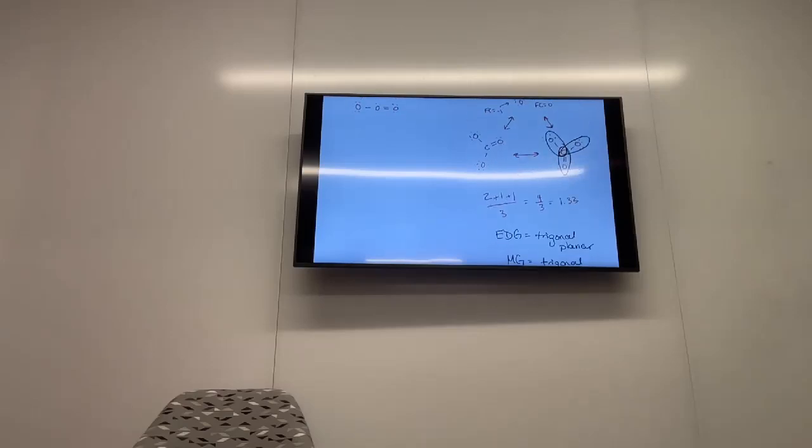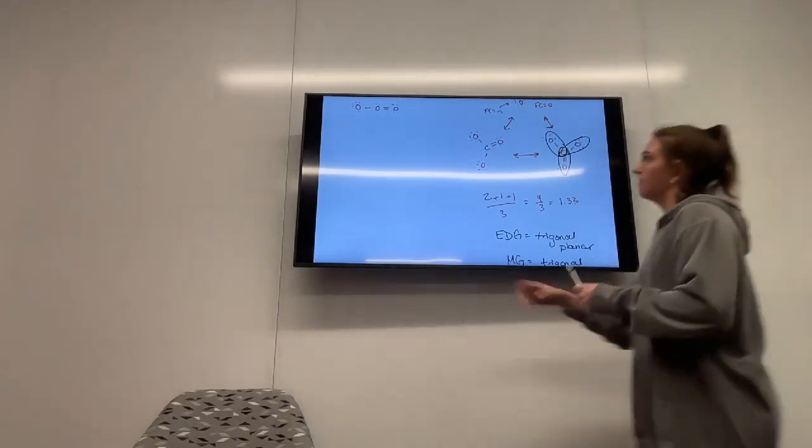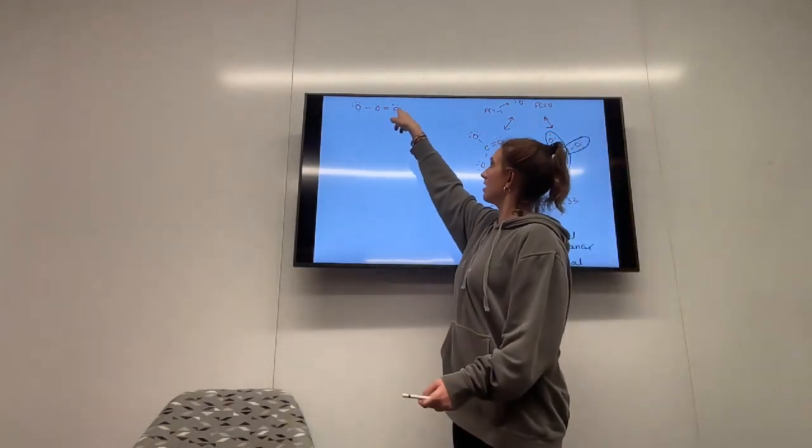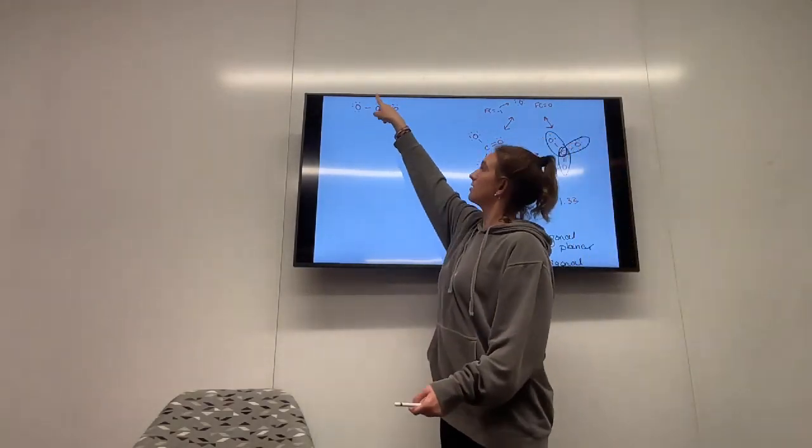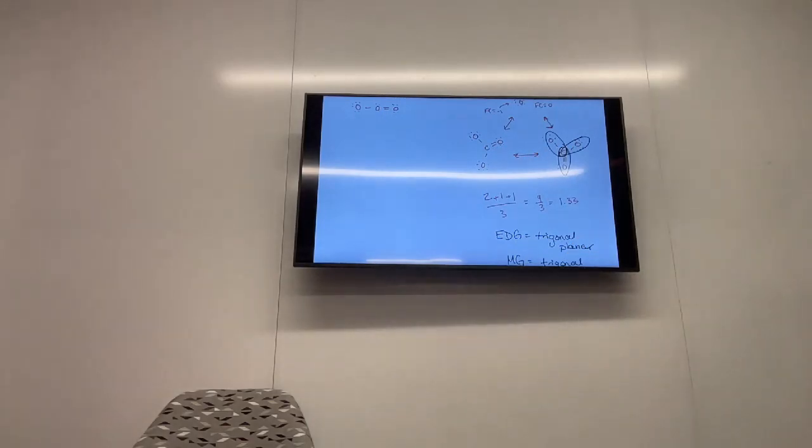But for our O3, our ozone, again we have 3 electron domains. We have this oxygen here and this lone pair here. So the electron domain geometry is still trigonal planar, but its molecular geometry is now bent.